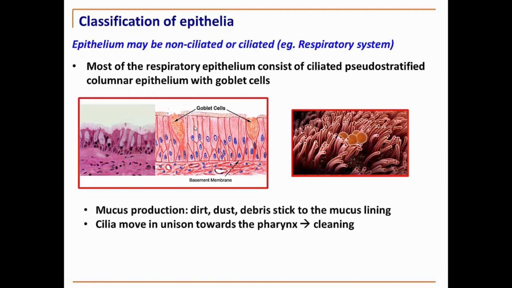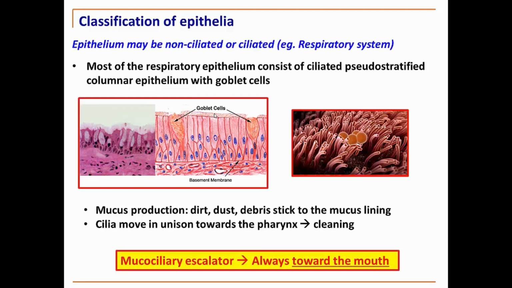So what's happening is mucus production helps to accumulate and grab hold of the dirt, the dust, and any debris that might be around, so it sticks to this mucus layer. Then the cilia, these little projections, move in unison towards the pharynx. If they're in your bronchi, for example, they're moving upwards towards your mouth, where you then swallow it.